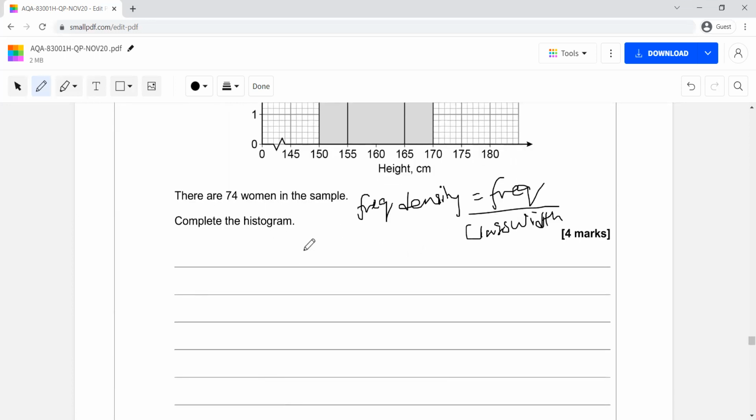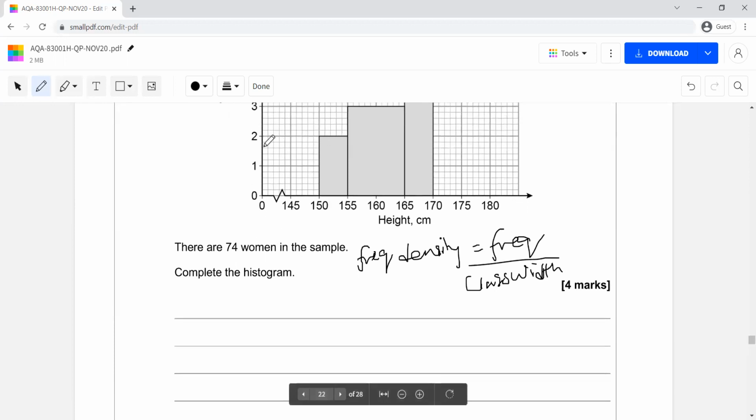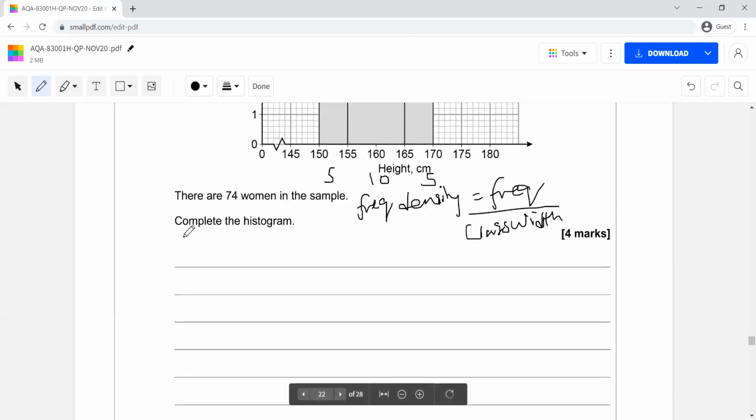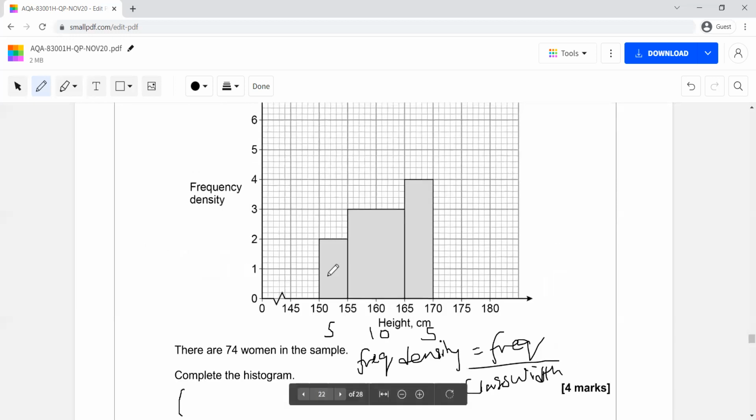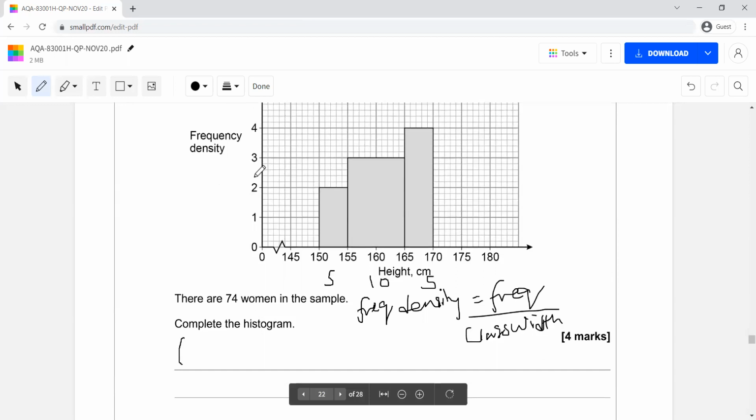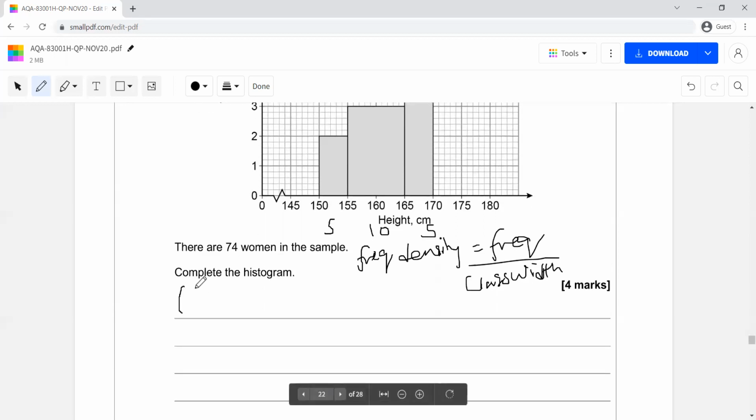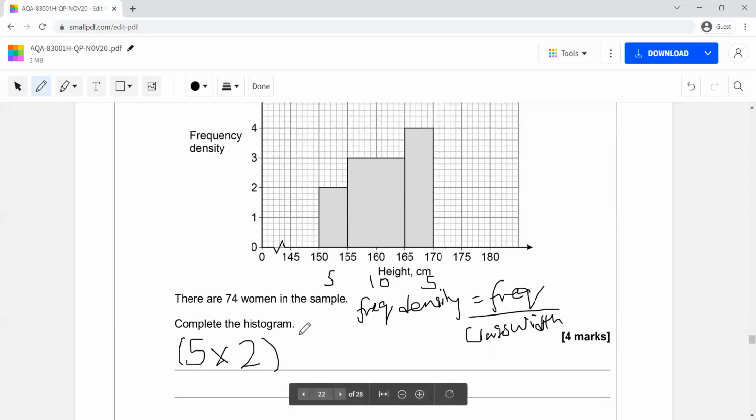Okay, so straight away I'm going to say that this interval is 5, labeled intervals actually. This is 10, and this interval again is 5. So for bar 1, we have 5 multiplied by 2. That's the frequency. For the second one, we have 10 multiplied by 3.